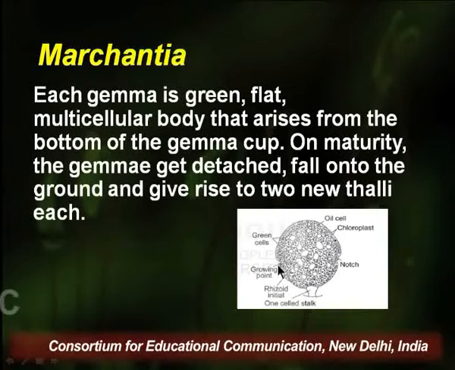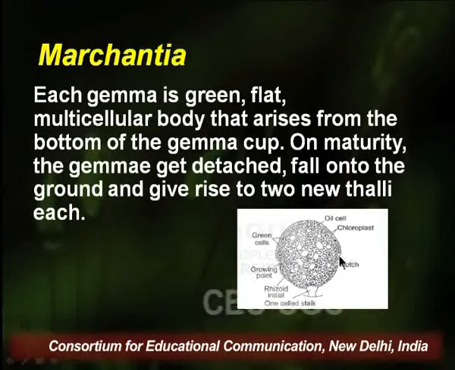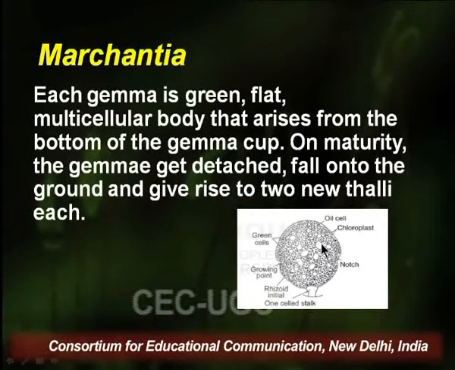So when these gemmae fall onto the ground and start germinating, the germination takes place at both notches, and thus each gemma gives rise to one thallus towards the right and one thallus towards the left, and ultimately they will be giving rise to two vegetative thalli.